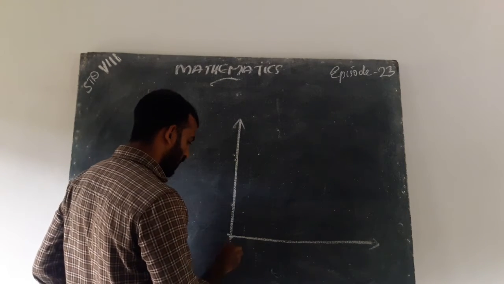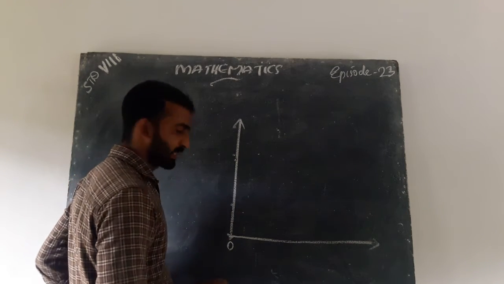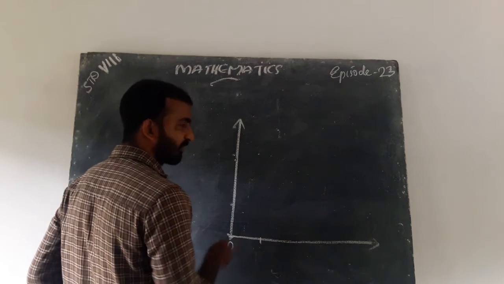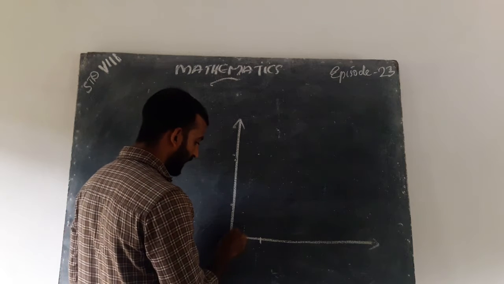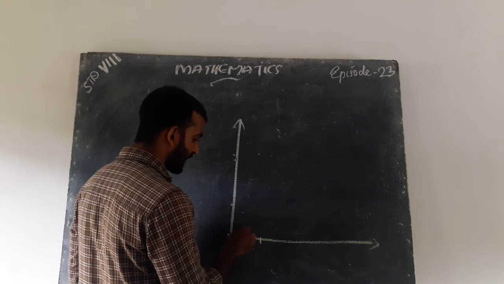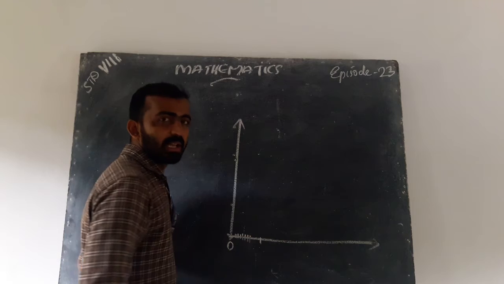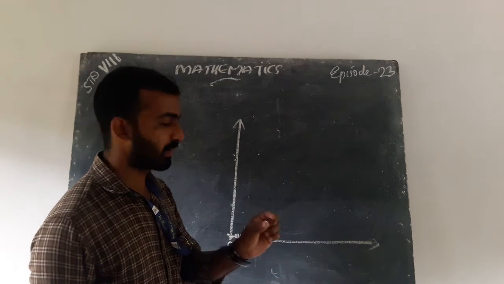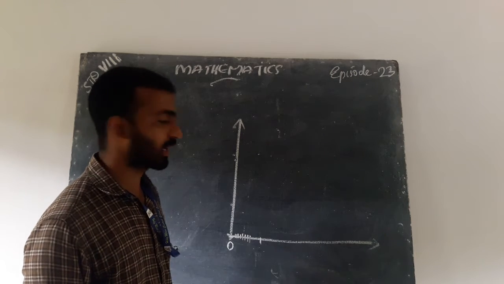This is O, or origin, or 0. In graph paper you can see these small 10 lines, the small 9 lines, and the 10th line is some dark line.